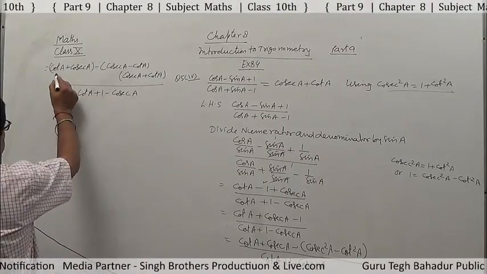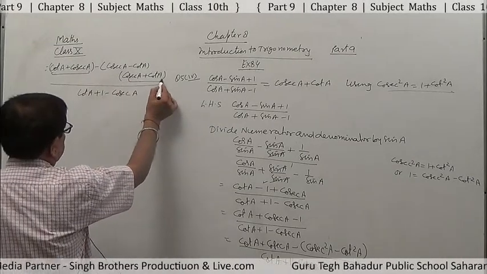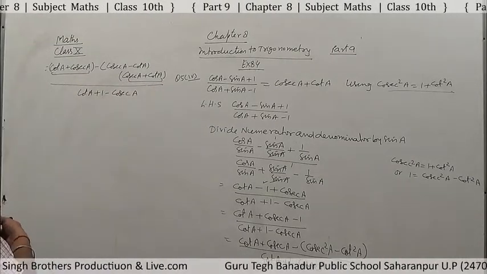Now see that this is cosec A plus cot A, this is cosec A plus cot A, taking common.